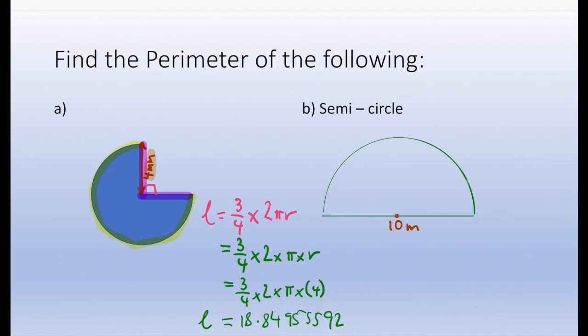Now, this is not the answer because all I have found is the yellow highlighted bit, whilst the perimeter is the whole rest of the outside, which means that I have to add up this 4 here, and this will be 4 as well.